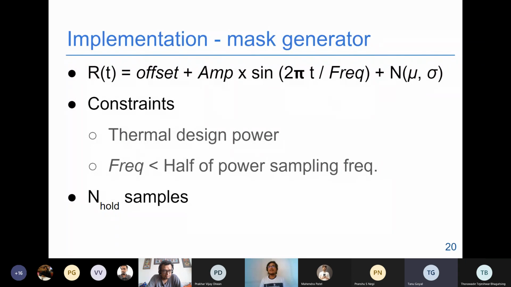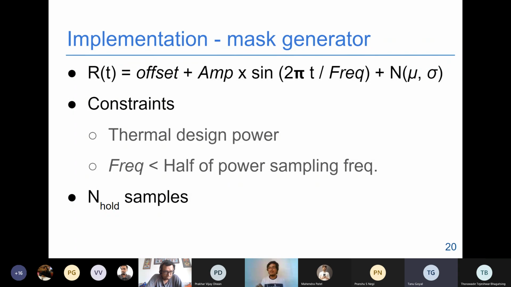Now these parameters are sampled at random from a range of values, and these ranges satisfy two constraints. One is that the maximum power that R of t can take should be less than the thermal design power. Every machine has a maximum threshold beyond which the power should not go, so R of t should always be less than that. And finally, the frequency parameter should be less than half of the power sampling frequency.